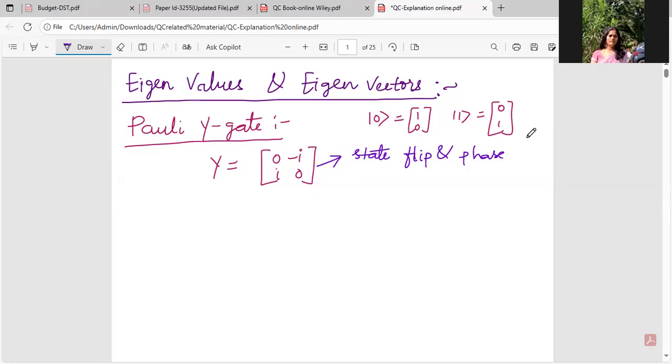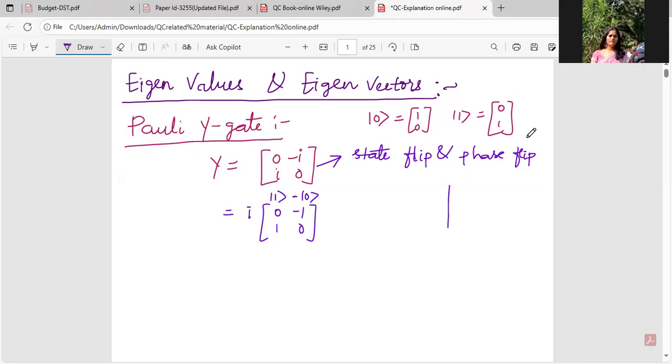Suppose I take i common, it is like 0, 1, minus 1 and 0. I can clearly see that this is ket1, and with a negative sign, this is ket0. So state flip means 0 and 1 are being flipped, which I can see in the columns of the Pauli Y gate.